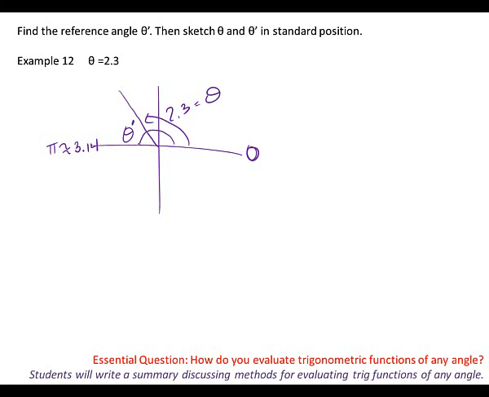How much is it from here to here in decimal? 3.14, right? So I'm going to do the same concept. I'm going to do 3.14 and subtract the number they gave me, 2.3. What did we end up with? 0.84 is the reference angle there.